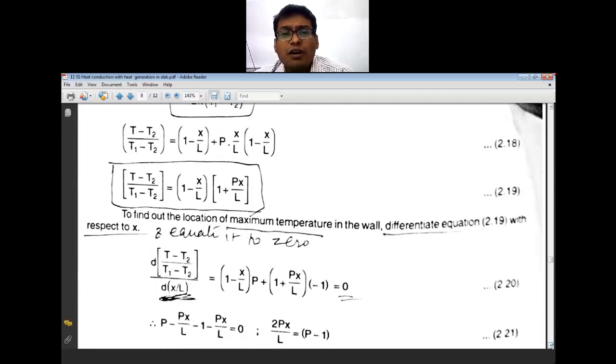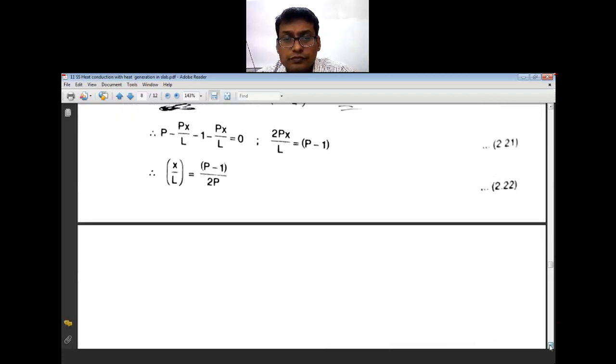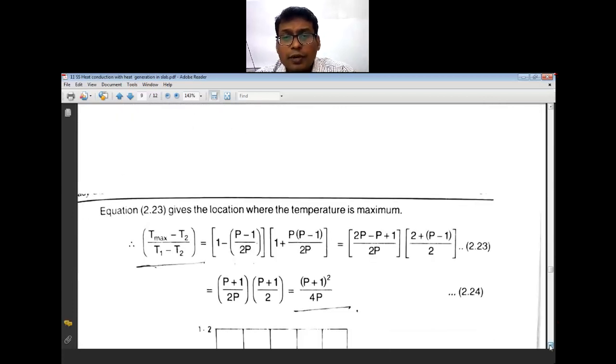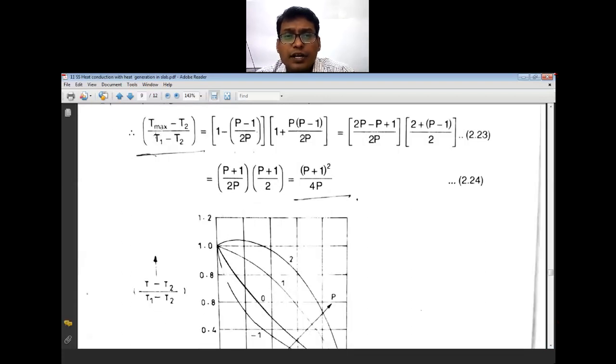Now the same thing, we have differentiated this to find out the location of maximum temperature in the wall. Differentiate this equation with respect to x. That is what T maximum is to be calculated. So this is differentiated and equated to 0. So T maximum is calculated.